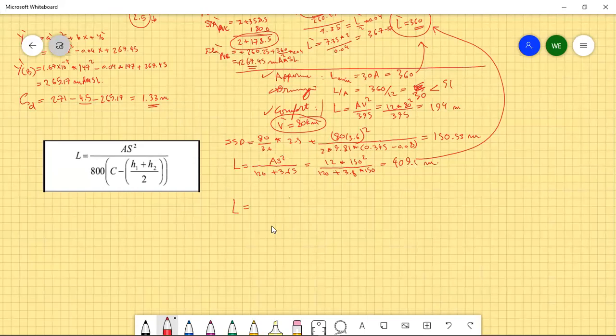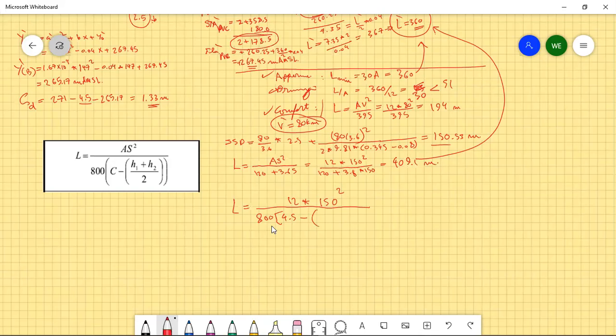A in this case is 12 multiplied by, we're going to take this stopping sight distance as it is, divided by 800 times C. C, that's the clearance, which is 4.5 minus H1 plus H2 divided by 2.